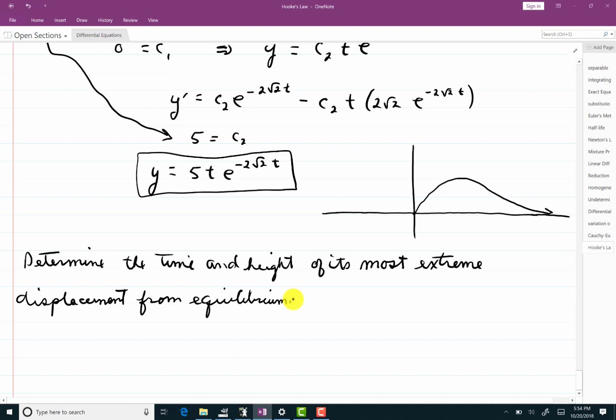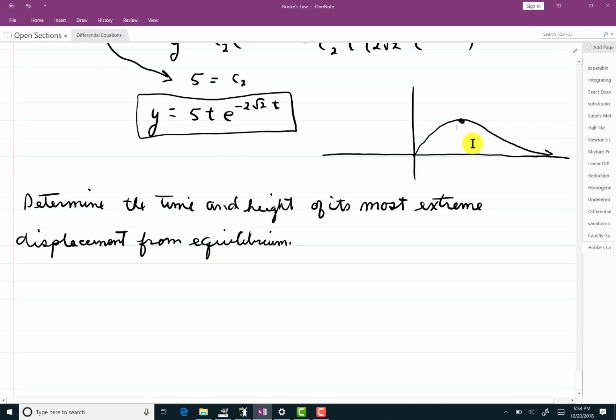So basically all that is to find this particular point up here, or you've done this in calculus a billion times. Take the derivative, set it equal to 0, and find out what that point is.